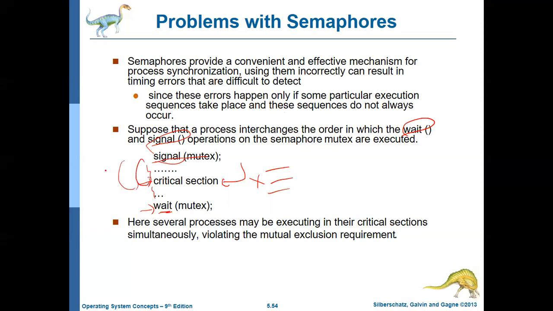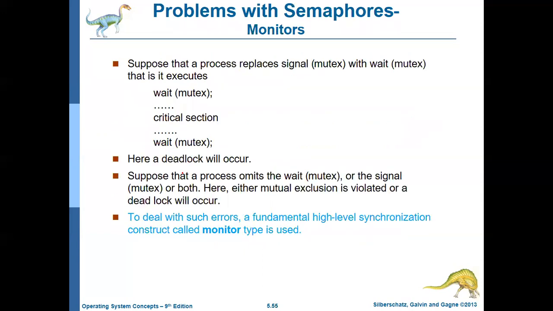That can actually be done by all of them. And wait is decrementing the value, and that happens at a later point of time. So when something like this happens, several processes may be in the critical section, which can be a timing error.